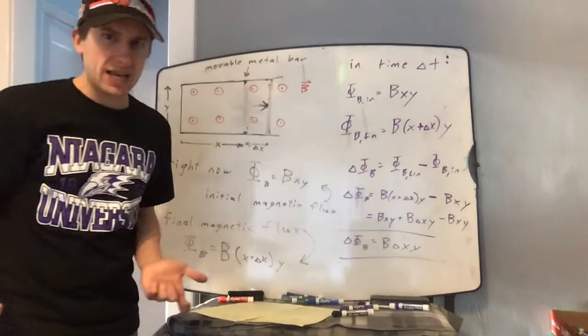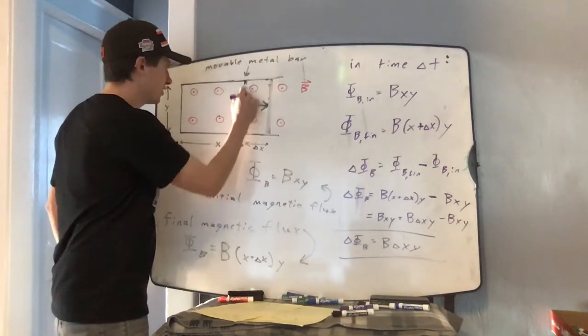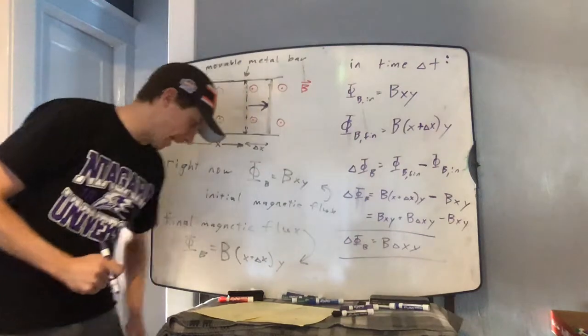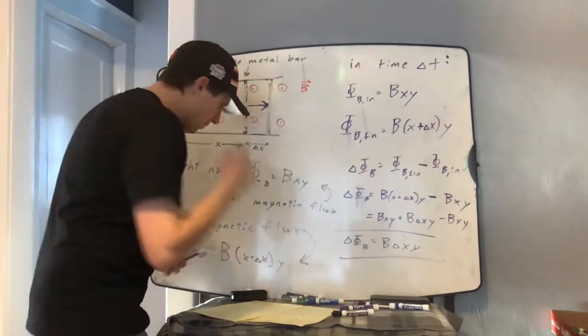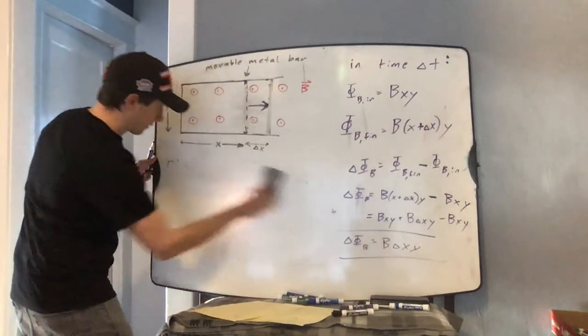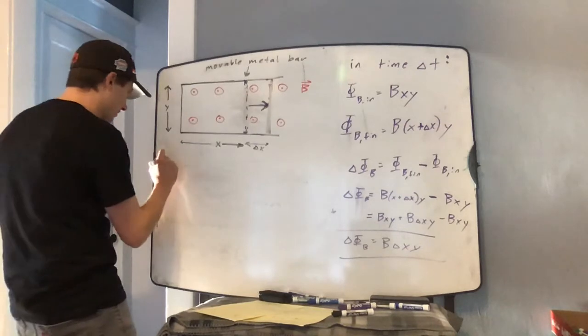So in a short time, the time it took to move the bar from its initial position to its final position, the magnetic flux changed by that amount. So if I want, I could write the rate of change of magnetic flux.